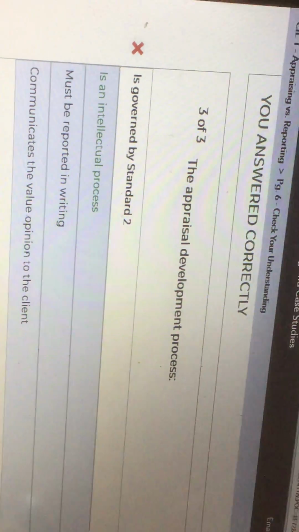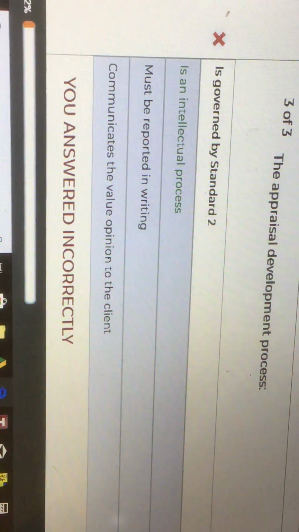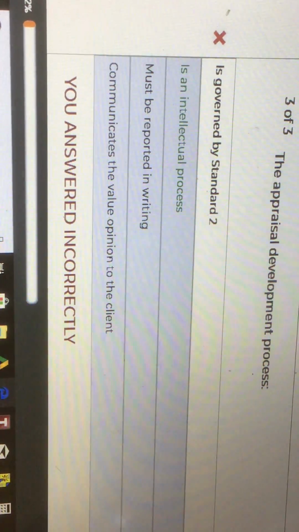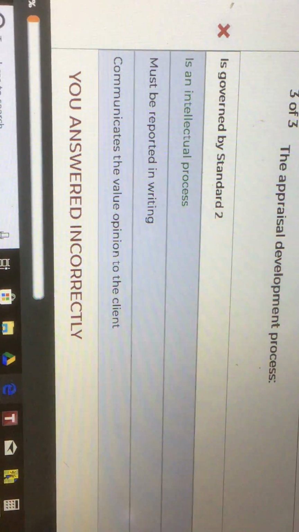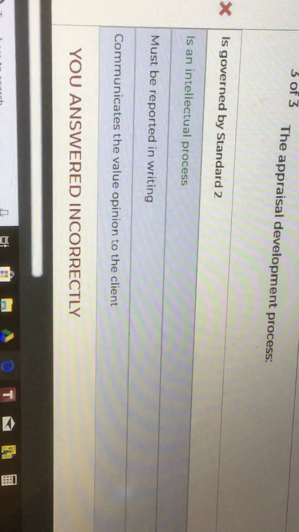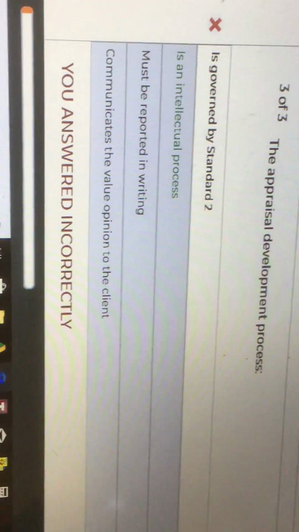And question 3 of 3. The appraisal development process, the answer is an intellectual process. That is the answer. It is not governed by Standard 2. That's what you put before, so you got that one wrong.